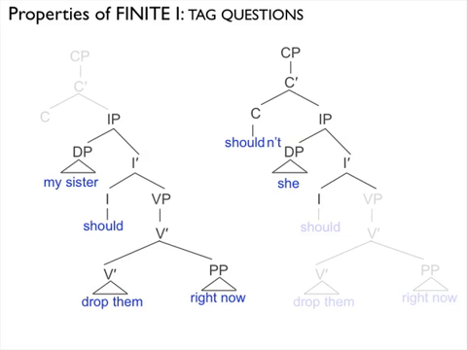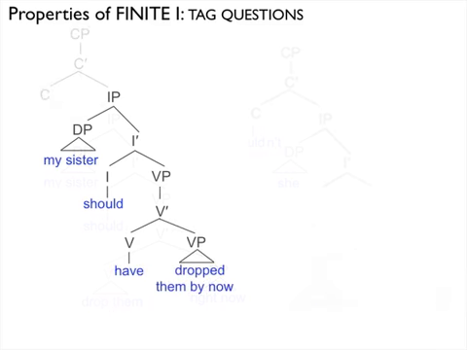Copy the meaning and everything of the sentence that you're tagging, do the normal processes, except also put the auxiliary in front of the subject pronoun and give it a different value with respect to negation or affirmation, right? So we end up with my sister should drop them right now, shouldn't she, right? With lots of empty structure.